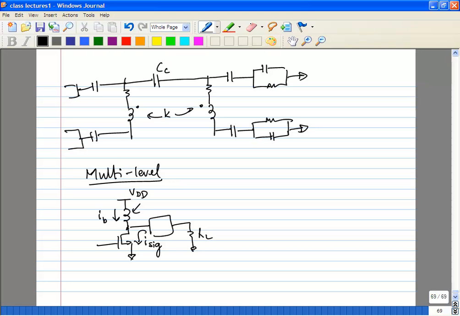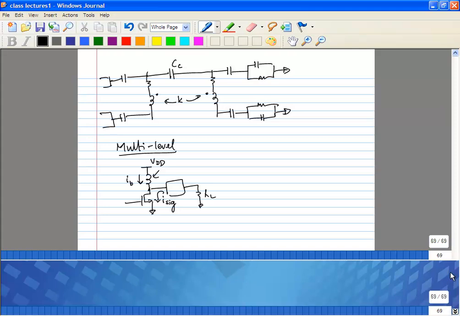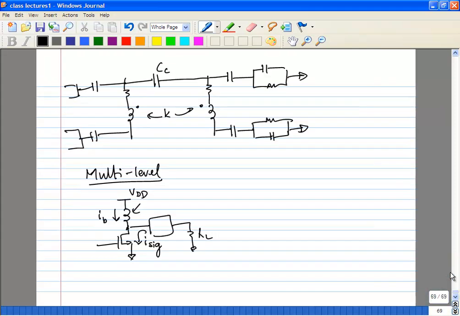You might have a case like this, where you want to design an inductance of a particular value, but you don't care about the Q that much. Or another case: there are circuits that are not tuned circuits, but broadband amplifiers. This is your normal RC amplifier.